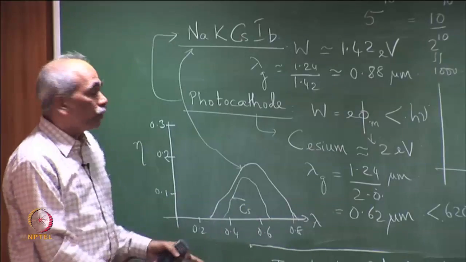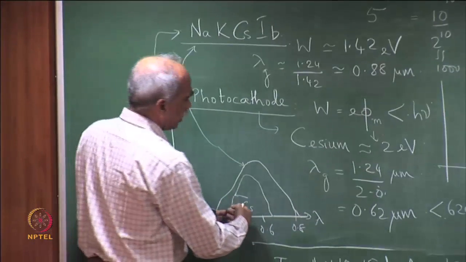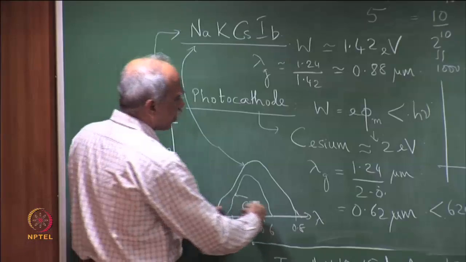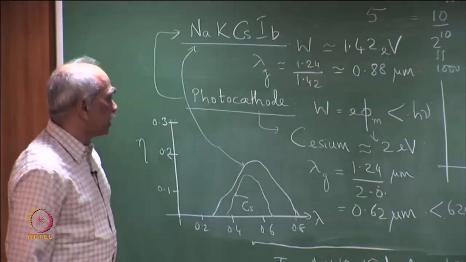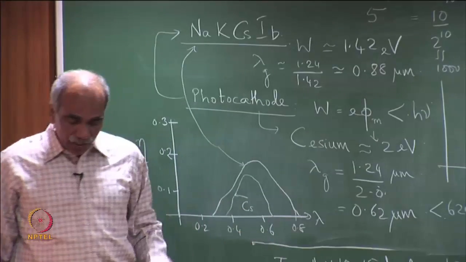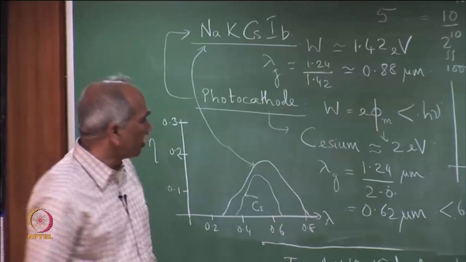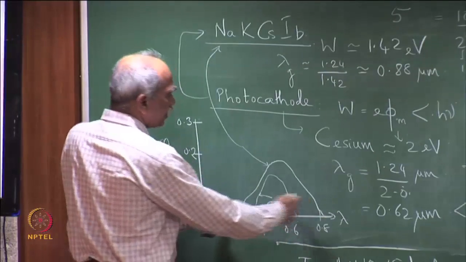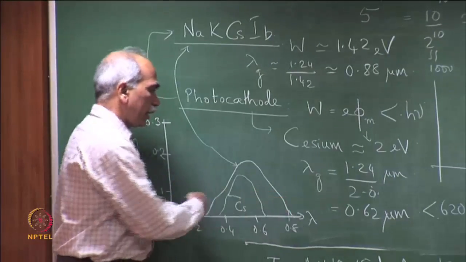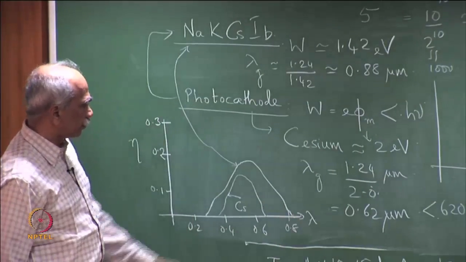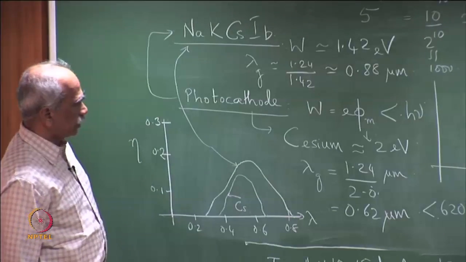It is very difficult to find materials which have non-zero quantum efficiency beyond 1 micron. This is one of the primary limitations of photomultiplier tubes: the range of detection wavelengths is limited to visible, near ultraviolet, or very close to infrared.